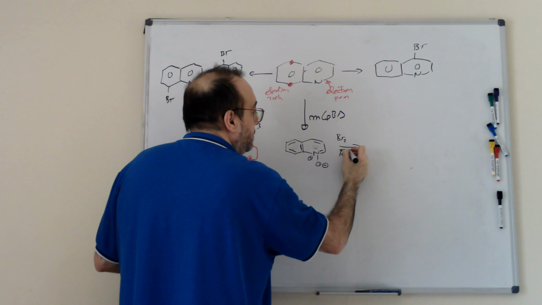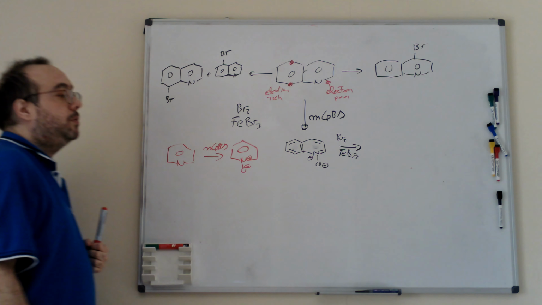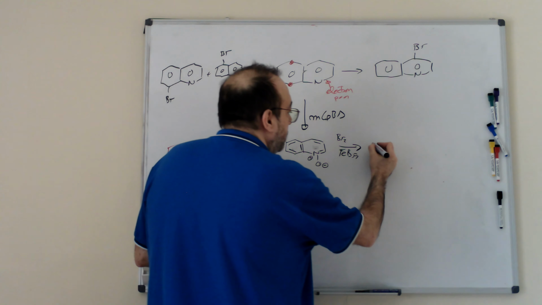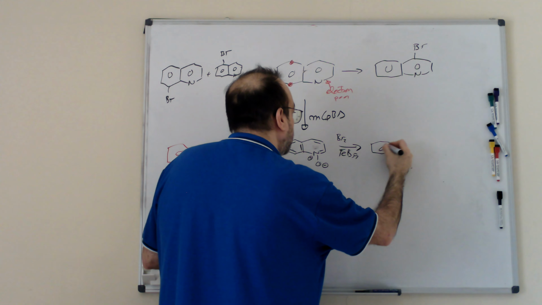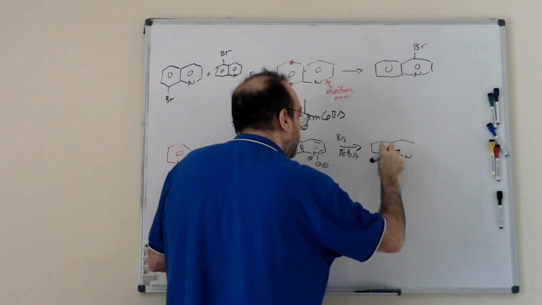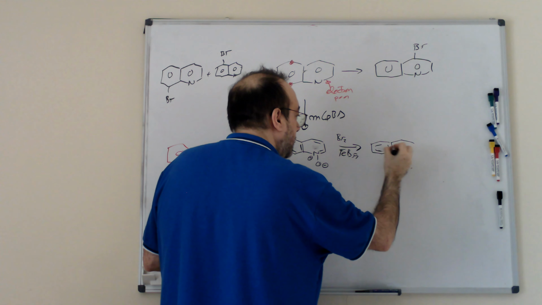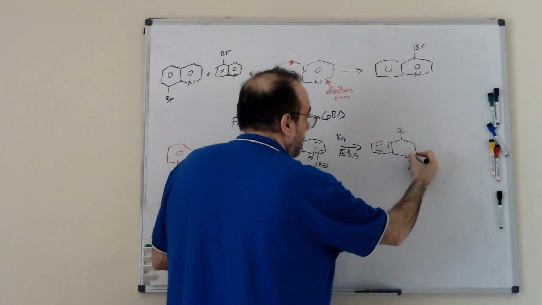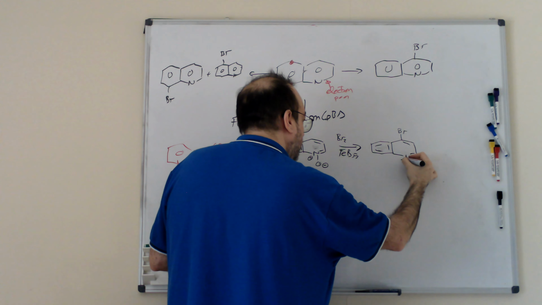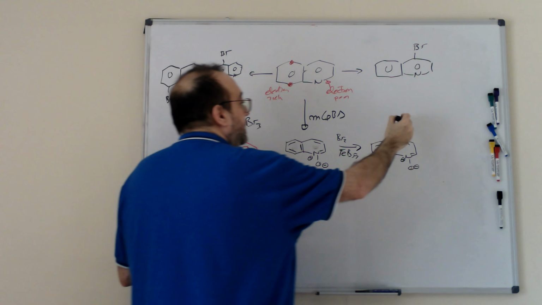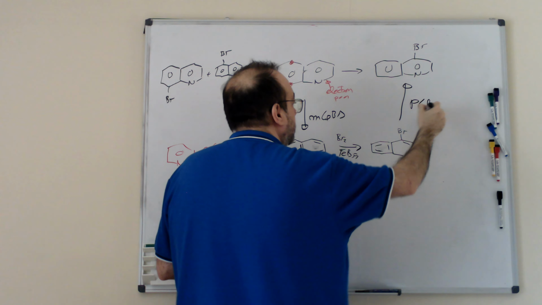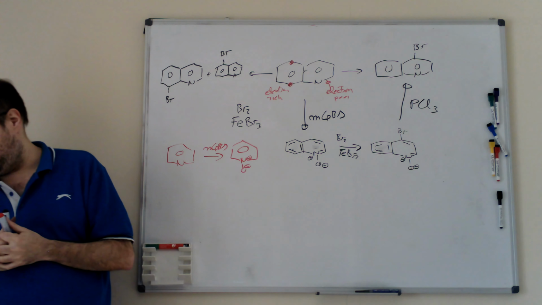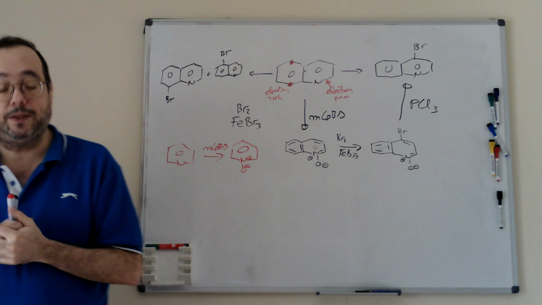We add the same bromine plus iron tribromide, and we get this compound, and then simply PCl3, and we remove the N-oxide to form the final isoquinoline. Okay?